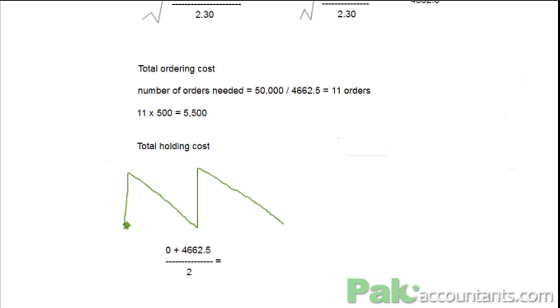The average number of units that you will be holding will be, in this case, 2331.25, multiplied by $2.30, equals 5,361 or 62.